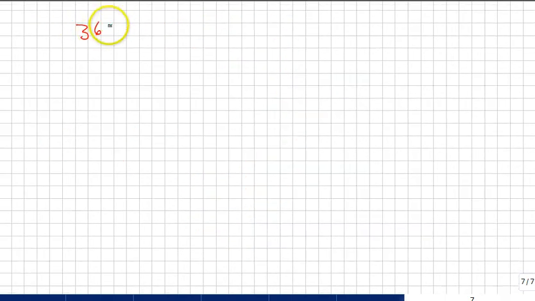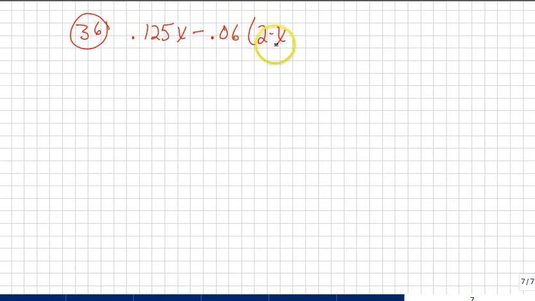36 is just the solution of an equation. 0.125x minus 6%. I'm going to change it to 0.06 of 2 minus x equals 50. Very, very similar to the last problem. We'll just distribute, collect terms. So we got 0.125x minus 0.12, and then negative, negative.